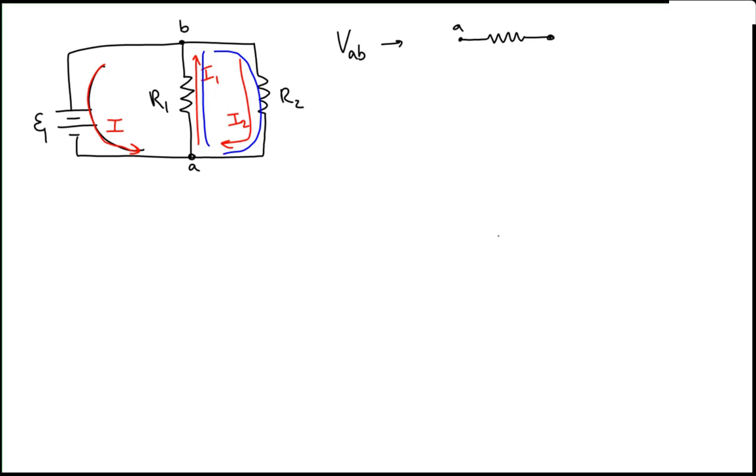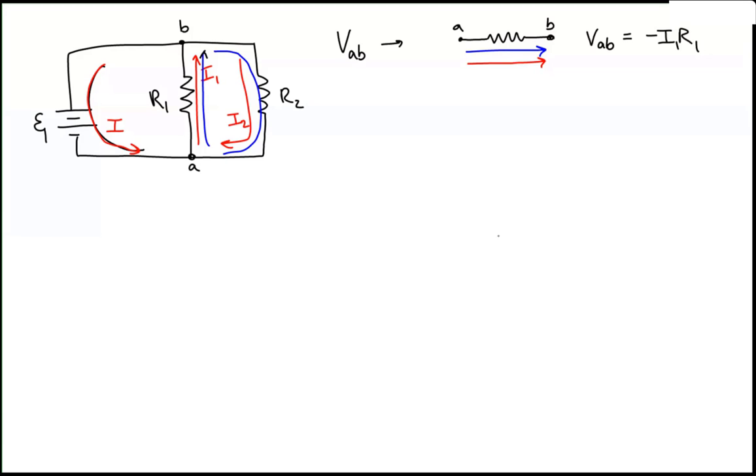So notice, from A to B, our analysis path is to the right, and the current goes from A to B. Since we are analyzing in the direction of the current, the potential difference from A to B is actually minus I1 R1 for this path of analysis.